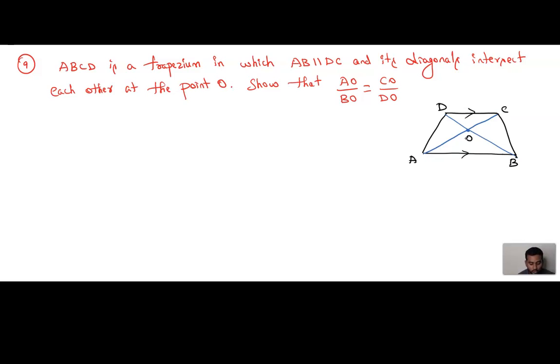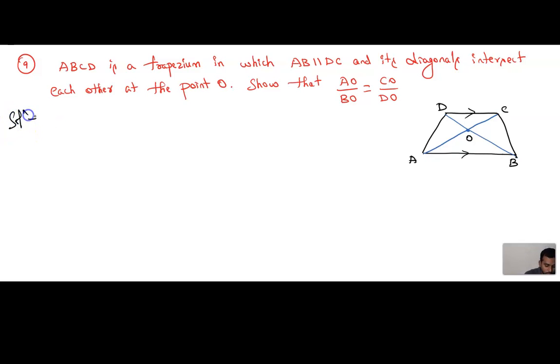Now we have to show that AO by BO is equal to CO by DO. We have to prove this. Any doubts? Understood the figure? By seeing the statement we have drawn the figure. Now we need to prove that.